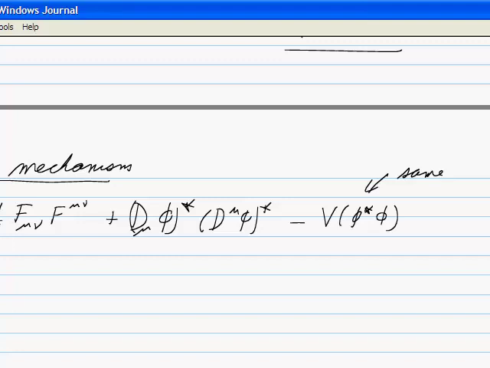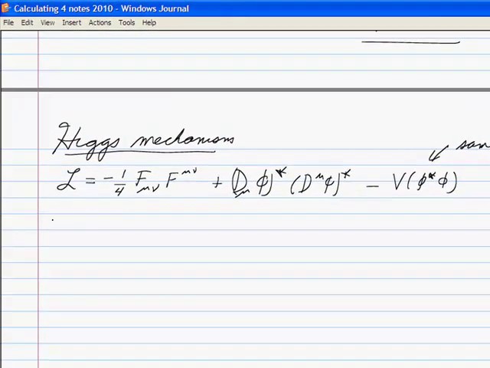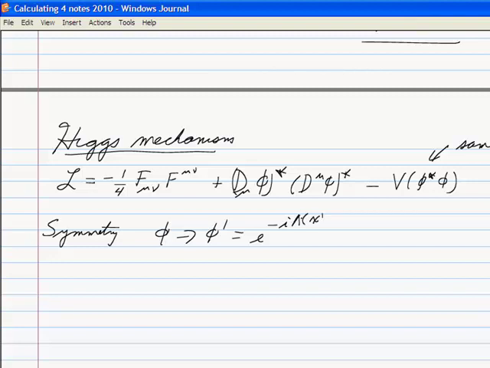This has not only a symmetry, the phase symmetry, it has a gauge symmetry, which was phi goes to phi prime with e to the minus i, well, no, let's make it a lambda. I tend to use lambda here. Lambda of x. And if I put a charge in front of there, q lambda of x, makes the next formula nicer.